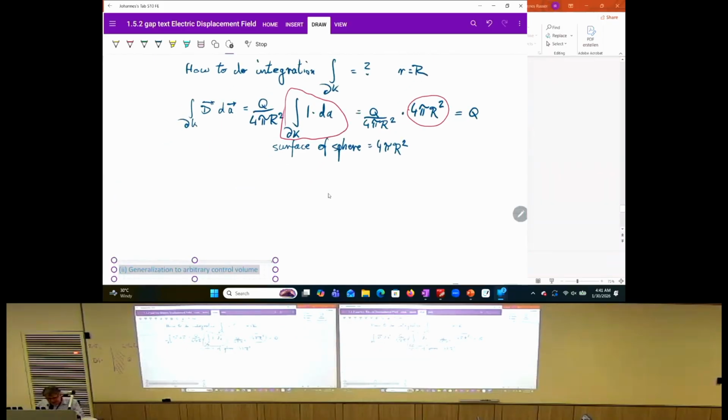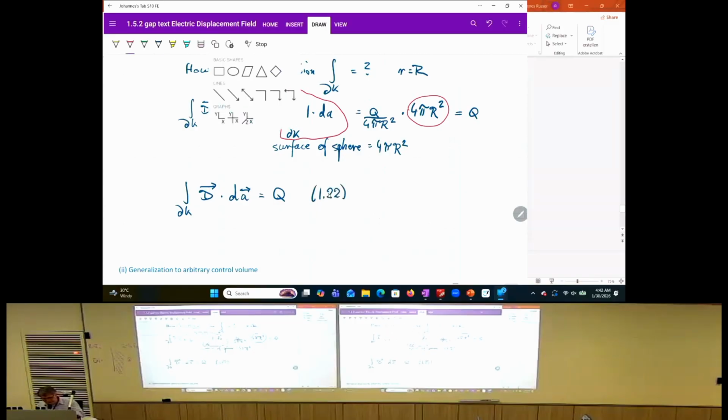This is really an important law, that is Gauss' law: if you take the surface integral over a control volume of the electric displacement field, so you're integrating over the flux, then the result is the charge which you have enclosed within this control volume. This is equation 1.22. We also mark that.